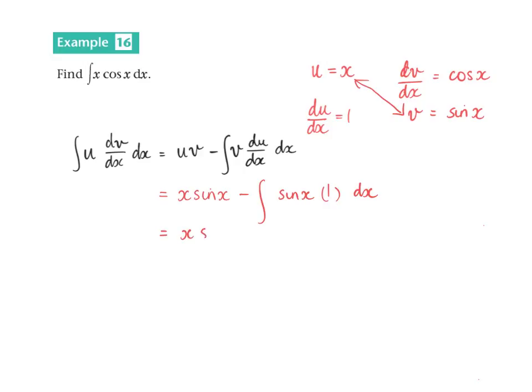So we get x sine x, and when we integrate sine, we get minus cos, so it's minus cos of x, and obviously with your plus c. So altogether we get x sine x, double negative gives us a plus, cos x plus c.